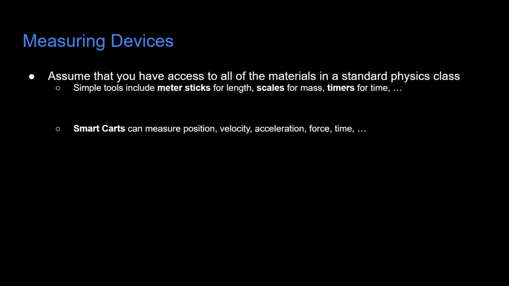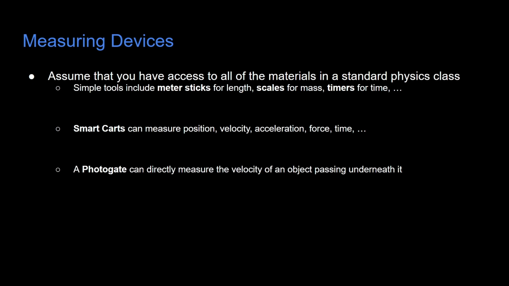So if you're asked just to design an experiment and you want the highest tech, most sensored equipment, smart carts are really good there. But then old but tried and true is the photogate, which just tells you the velocity of any object passing underneath it. So if you want to find the velocity of something, photogates are typically your friend.